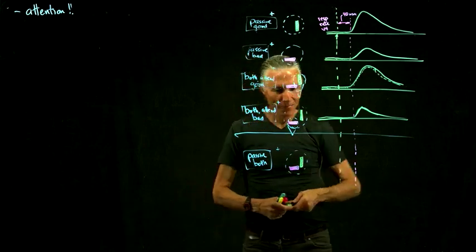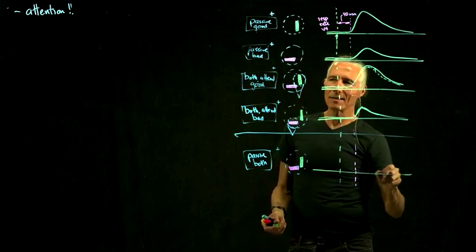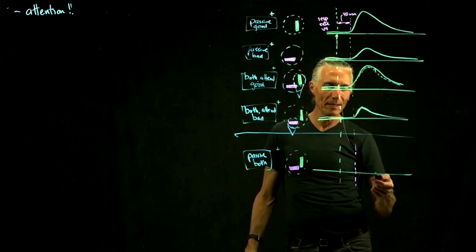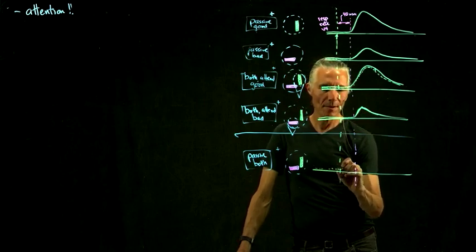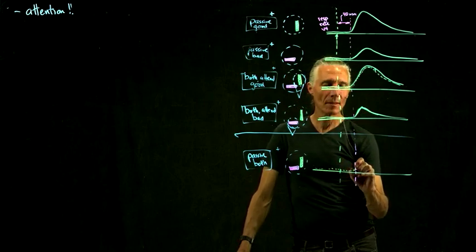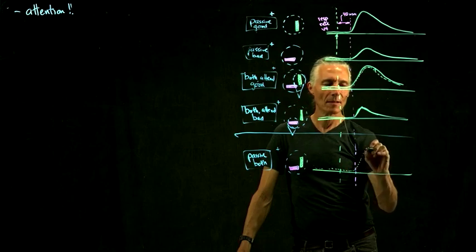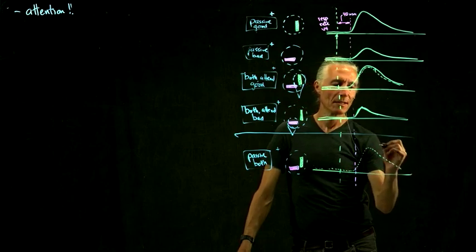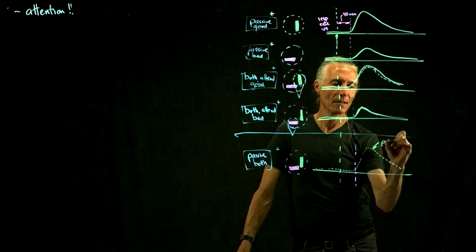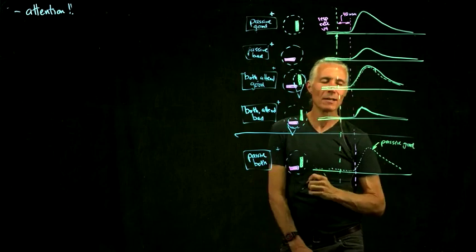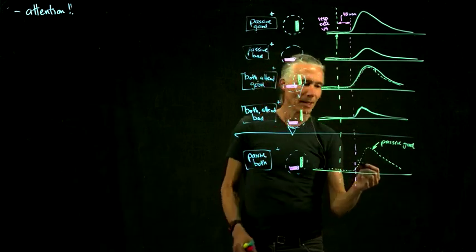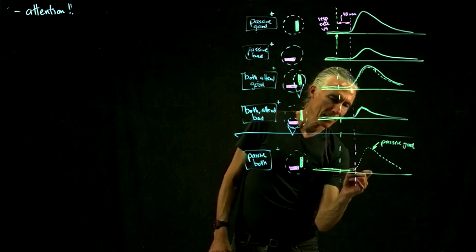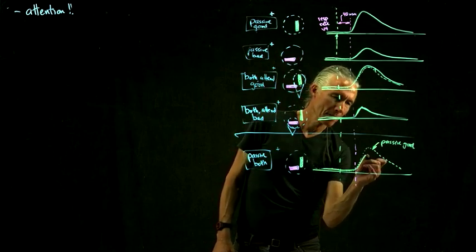And that resulted in the discovery that there's competition between the stimuli. So if I put passive good there, and look at what happens when I present both stimuli, what I find is that there's actually suppression.